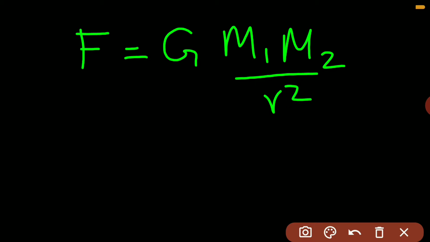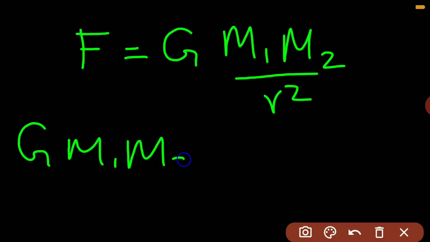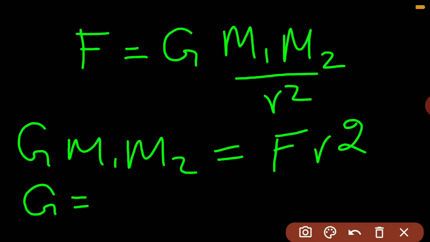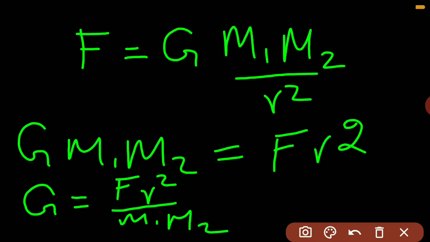If I cross multiply this, I shall get G m1 m2 equals F r square. So now I can find the value of G, which will be G equals F r square upon m1 m2. This is how we are getting the formula for G.